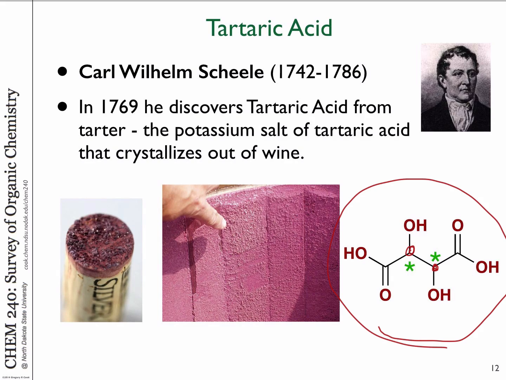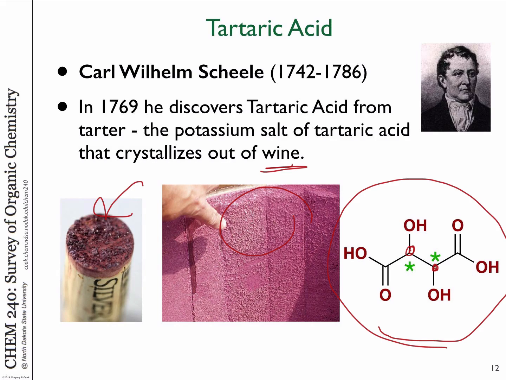This molecule was, of course, a really important molecule at the time because it was obtained from a natural source, actually from wine. It crystallizes out from wine because grapes form a lot of tartaric acid. All of these crystals that form inside the barrels or on the corks are various salts of tartaric acid.